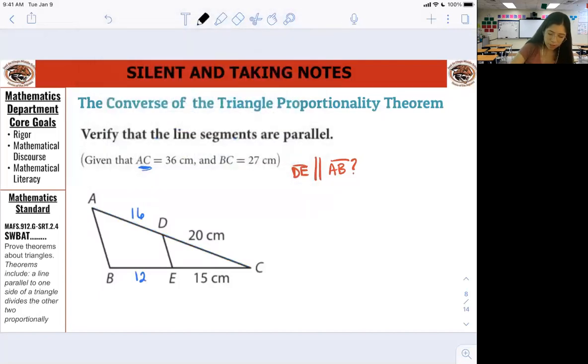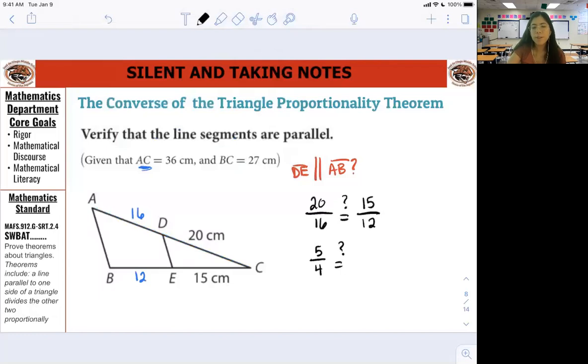So let's check the proportion. 20 over 16, and then 15 over 12. We're trying to see if these two are equal. How do I simplify 20 over 16? Don't use a calculator, just simplify it as a fraction. 5 over 4. Yay, I did that in my brain. And then what about 15 over 12?